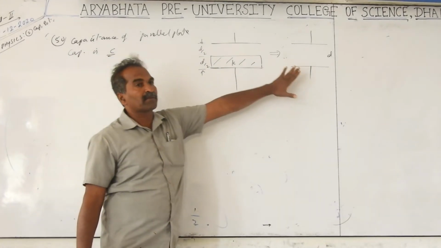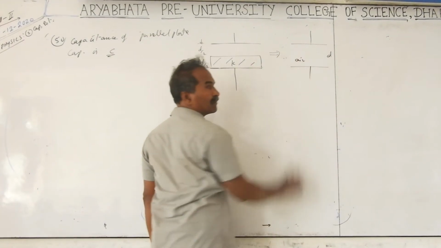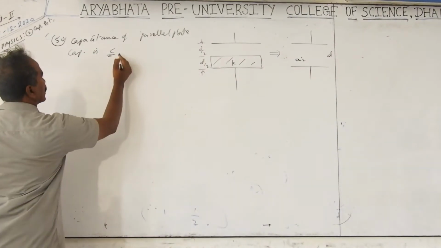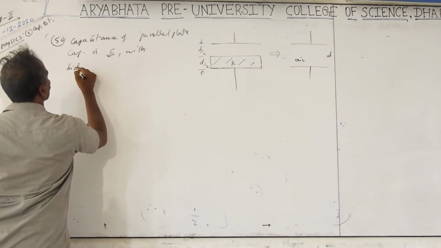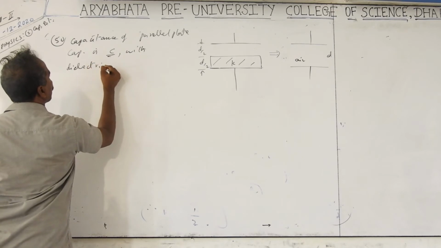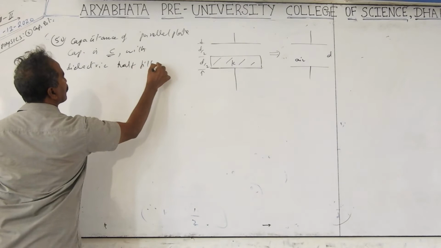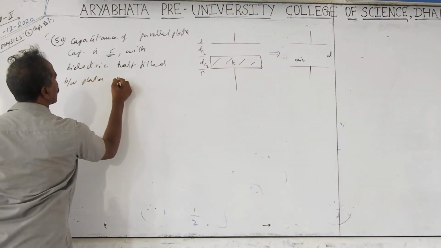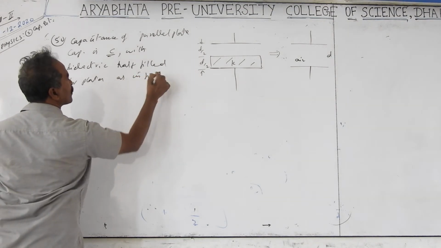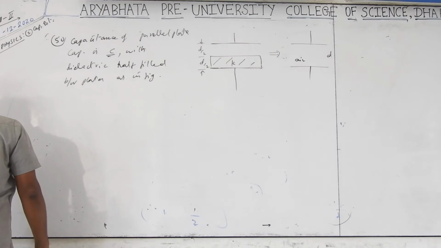If you remove the dielectric, what happens to the capacitance? This is with air and this is with the dielectric, half filled between the plates. K is the dielectric constant.